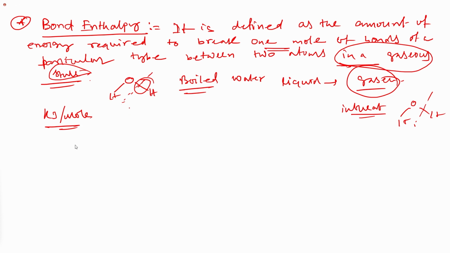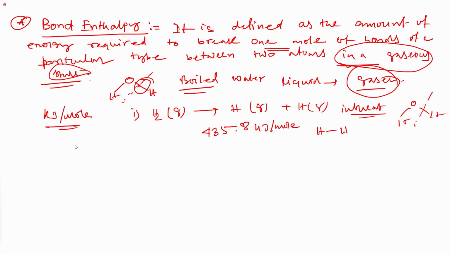Okay, so if you see, for example, hydrogen gas. To break hydrogen gas into hydrogen atoms, we need 435.8 kilojoules per mole. So to break this hydrogen bond, we need a bond enthalpy of 435.8 kilojoules per mole. Suppose the N2 bond.